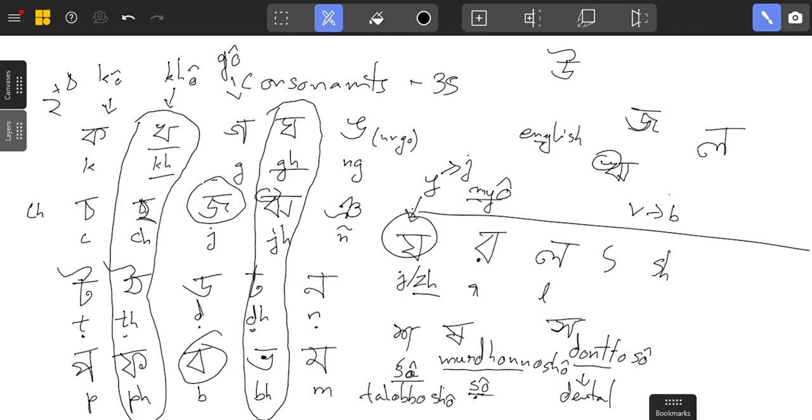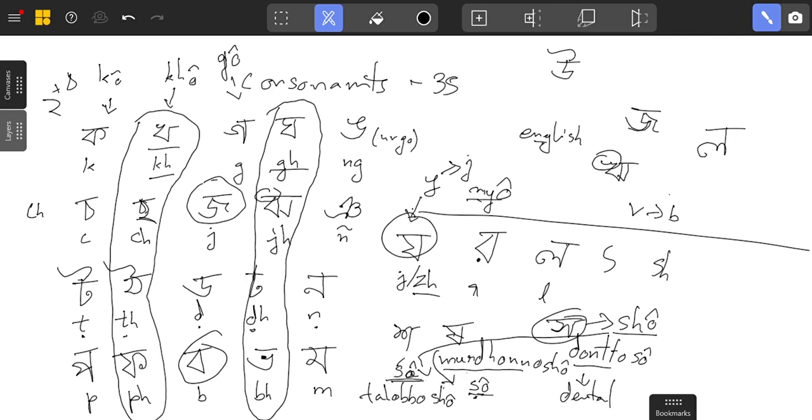Although many West Bengalis will pronounce this as SH, shaw, the same way as these letters are pronounced. So it's really a mess. But I would suggest you to pronounce them all differently, because I believe that is the correct pronunciation.